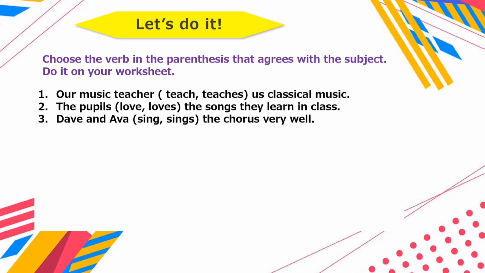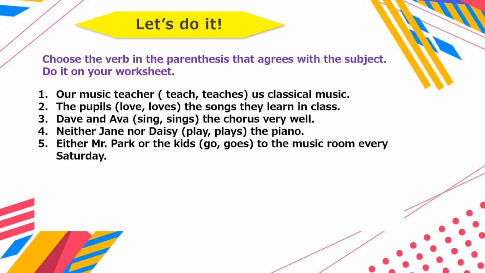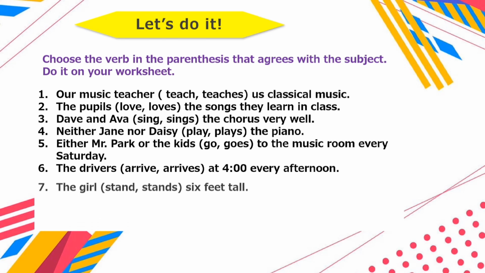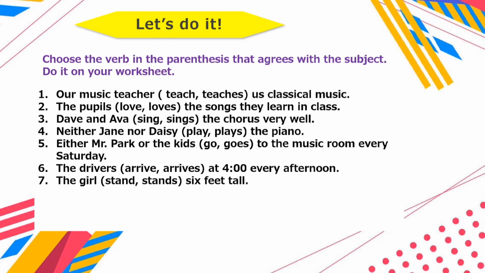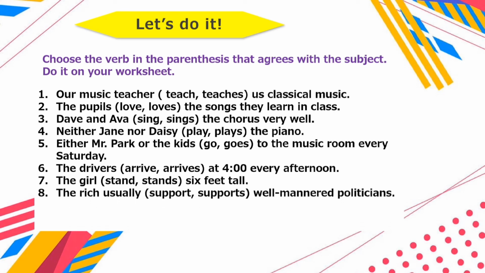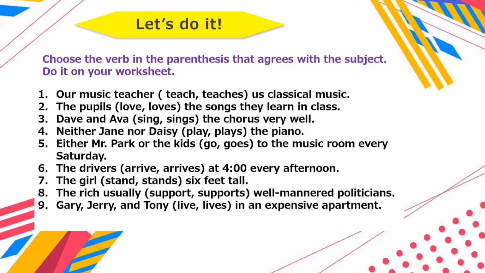Number 3, Dave and Ava sings the chorus very well. 4, neither Jane nor Daisy plays the piano. 5, either Mr. Park or the kids goes to the music room every Saturday. 6, the drivers arrives at 4 every afternoon. 7, the girl stands 6 feet tall. 8, the rich usually supports well-mannered politicians. 9, Gary, Jerry, and Tony lives in an expensive apartment.